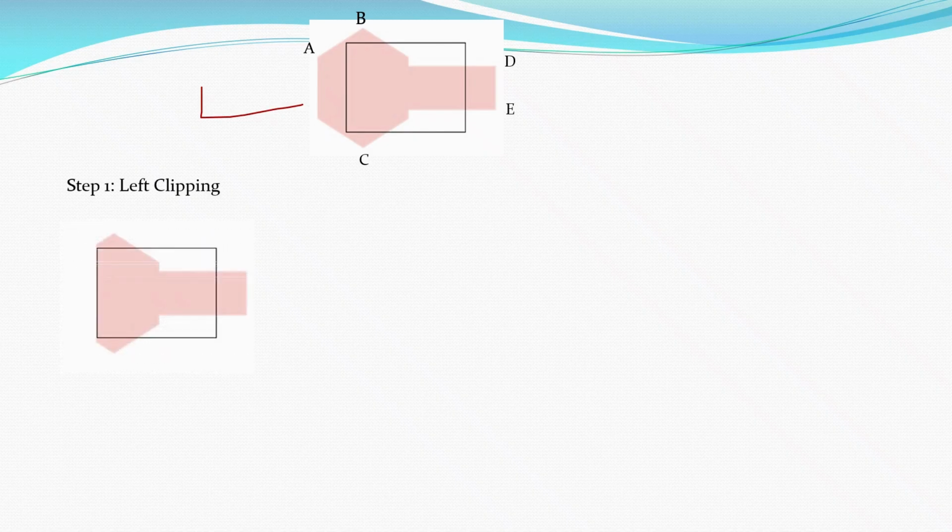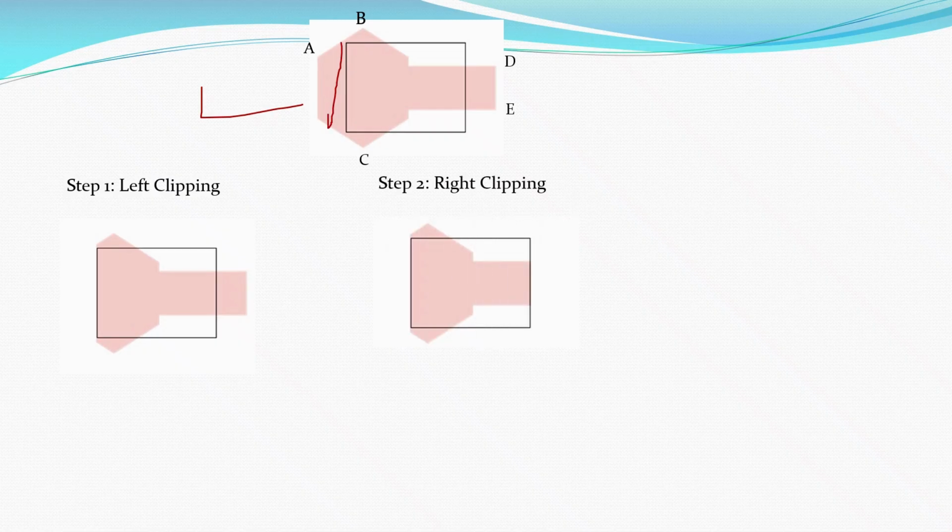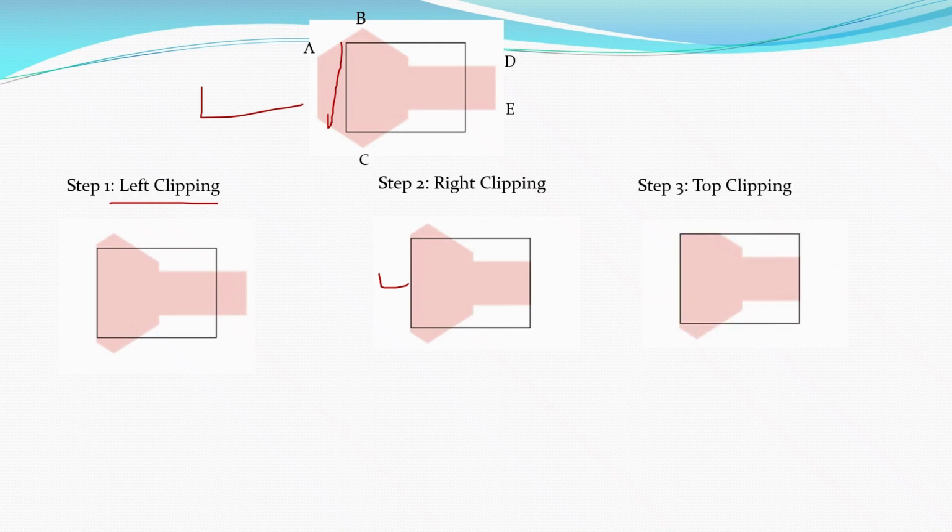So here is an example. This is a given polygon with its edges. Left clip means this much will be clipped. Next this is the right clip, and after clipping one edge, we continue with the same thing and clip the next one. After this we take this figure. Next the top, we remove the top.